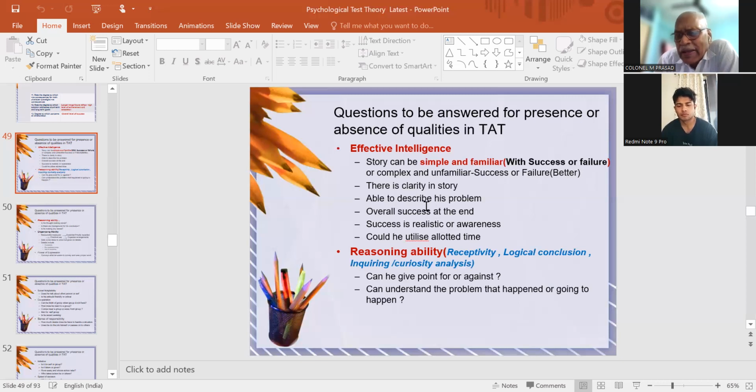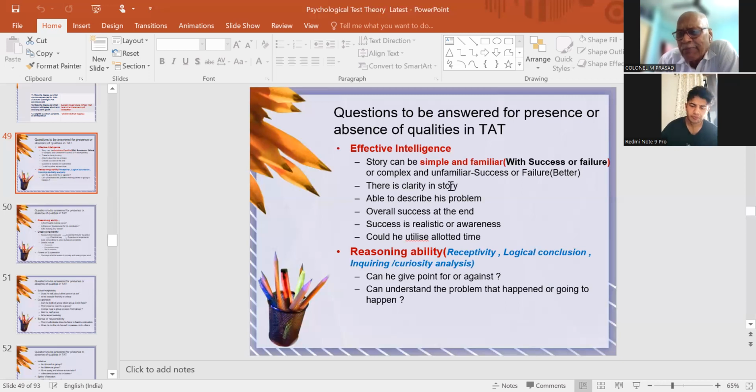You must describe the problem. There must be success at the end, and success should be realistic and possible. You have to write half a page, which you are writing, I have no doubt about it. You're writing more than half a page. You can do that well. You must give why you have taken that action. That indicates your reasoning ability, receptivity, logical sense.